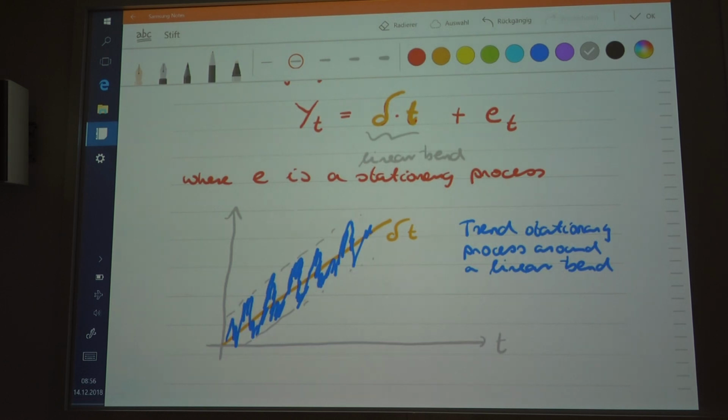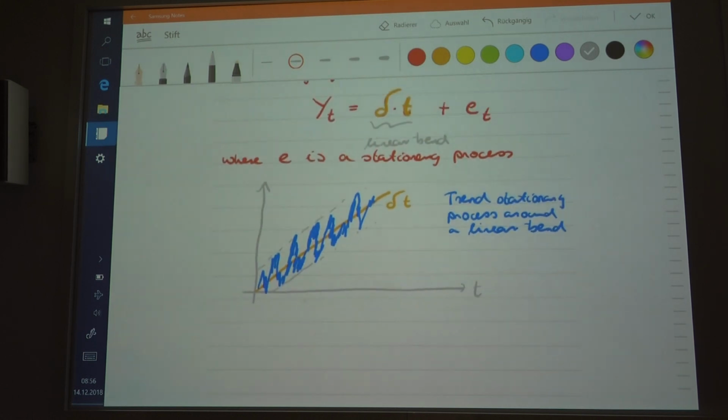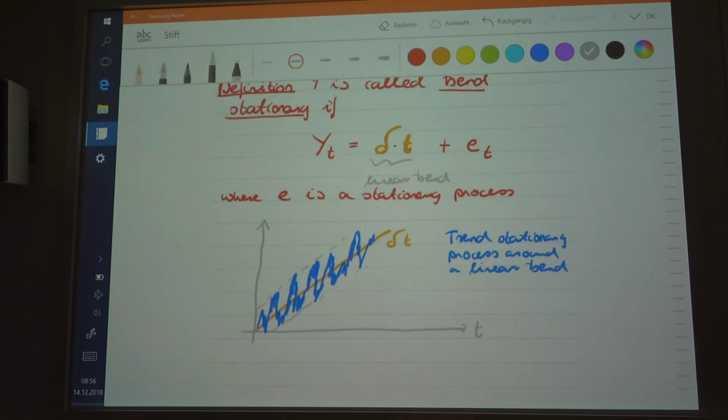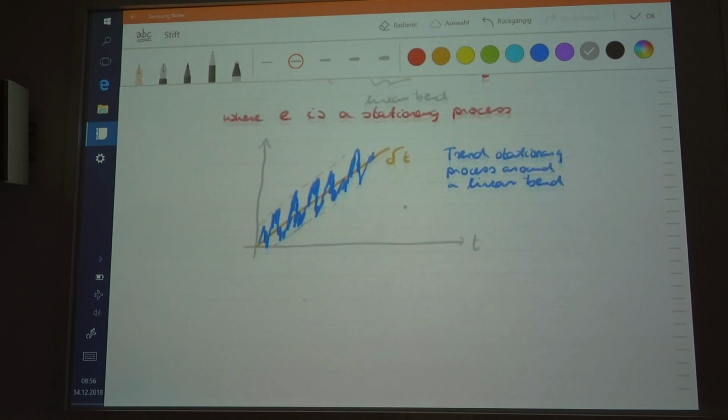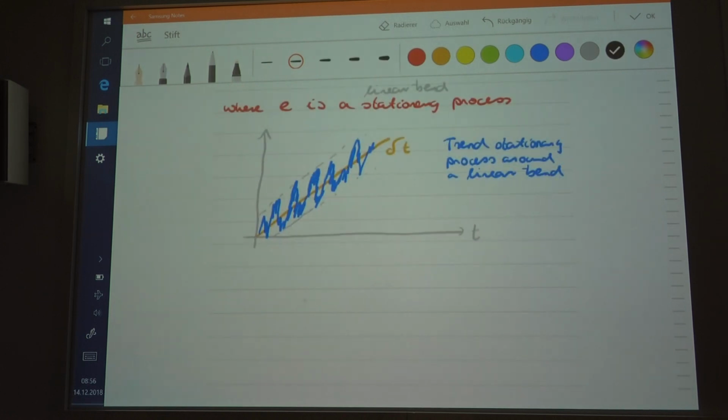Now, if that process is trend-stationary, then we have the following. The problem here is that if you difference that process, you're going to get the difference of the noise. So let me continue with that.